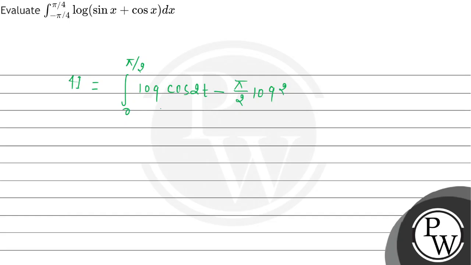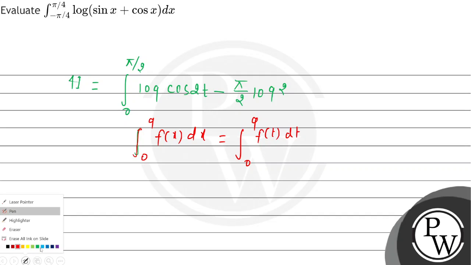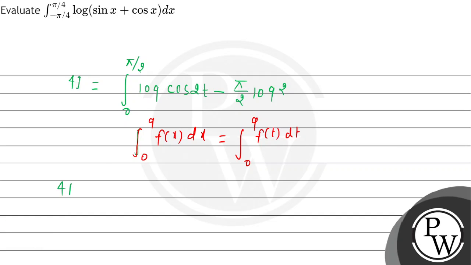First of all, we know the formula of the definite integration property: if the integral from 0 to a of f of x dx is given, we can write it as the integral from 0 to a of f of t dt. We'll use that principle and then we'll get 4I is equal to the integral from 0 to pi by 2 of log of cos of 2x dx minus pi by 2 log 2.